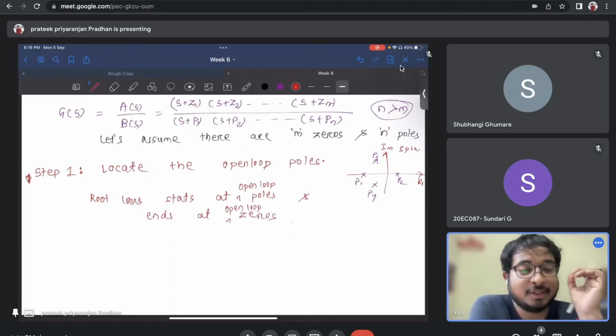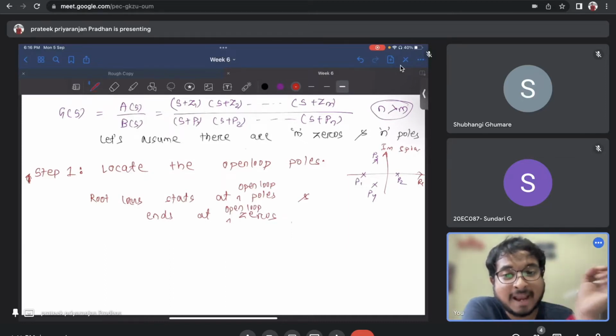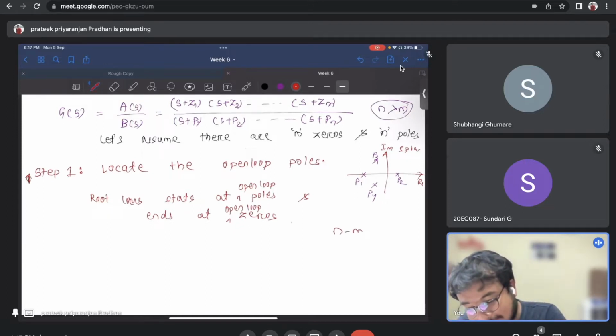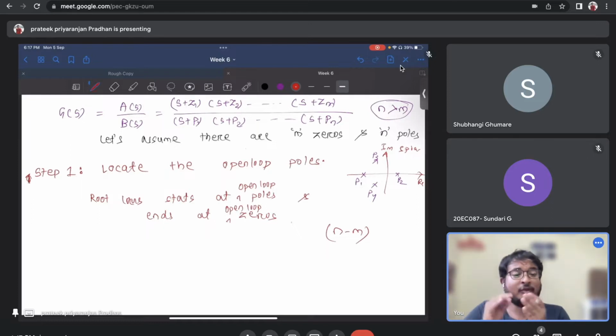Those branches which do not end on the open loop zeros will tend to infinity, like finding their own partner. For m poles, the branches find their partner, but for n minus m, because n is greater than m, they don't find a partner because the zeros are fewer, so they search until infinity.